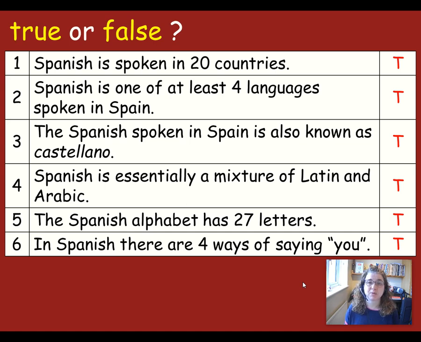And as well as that, we've got singular and plural. So we have tú, which is singular and informal, usted, which is singular and formal, vosotros, which is plural and informal, and ustedes, which is plural and formal. But don't worry, we just tend to use the singular and informal one in most of our work.